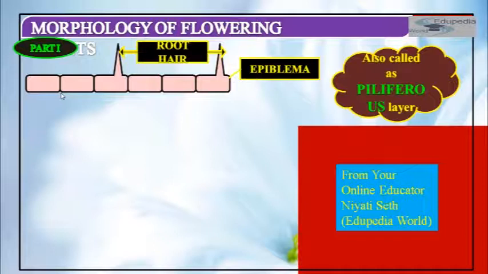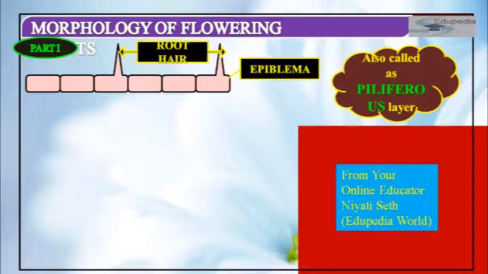Some of the epiblemma cells are produced into long unicellular projections, and these projections are called root hair. Hence, epiblemma is known as piliferous layer, students. So don't get confused: epiblemma, epidermis and piliferous layer are all the same.